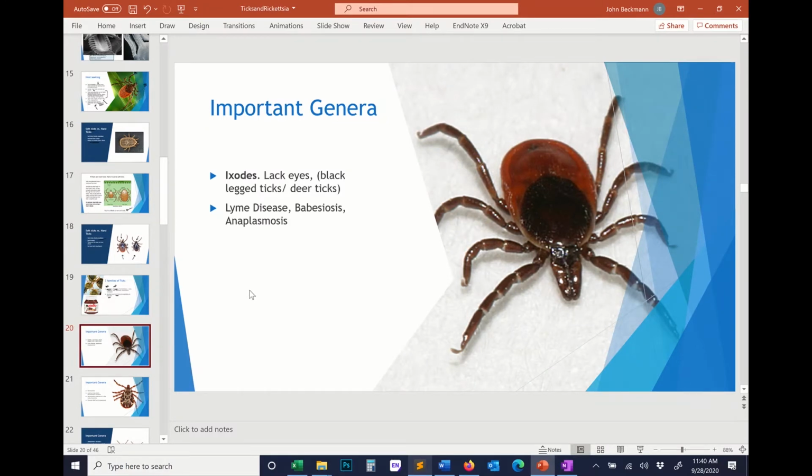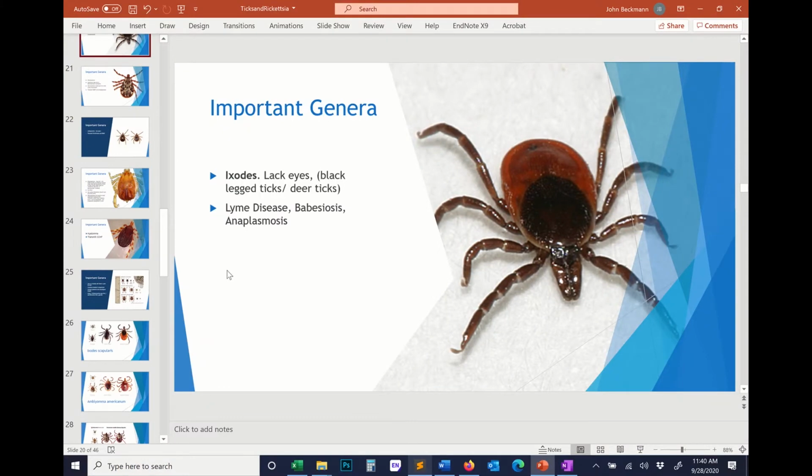So Ixodes ticks lack eyes. These are the deer ticks. When you hear deer tick, when you hear Lyme disease, these are Ixodes ticks. Not to be confused with Ixodidae, which is the family of hard ticks, that's everything. Ixodes is the genus that are the deer ticks. They spread Lyme disease, anaplasmosis, and babesiosis.